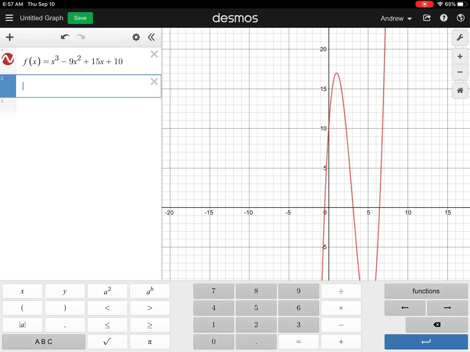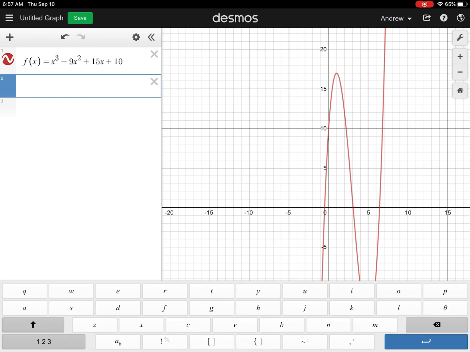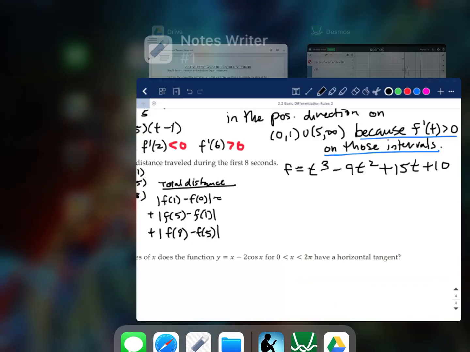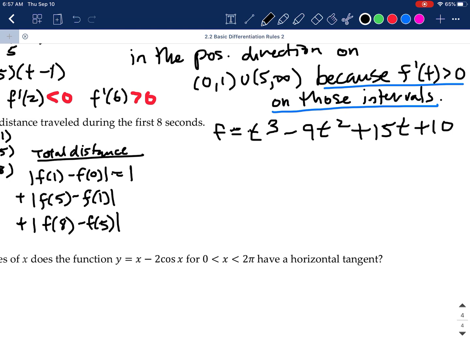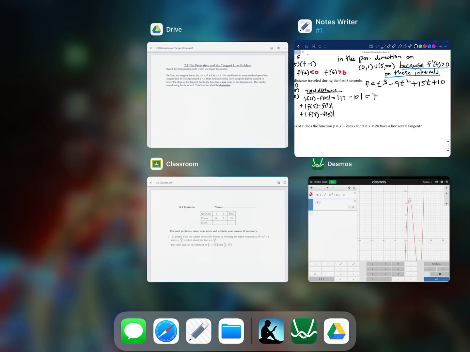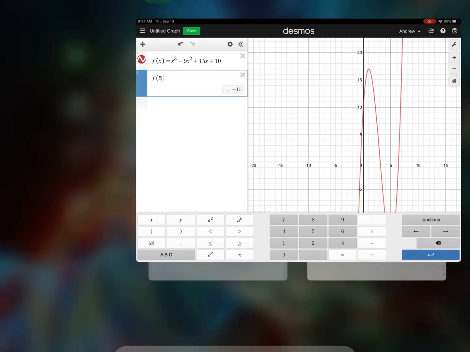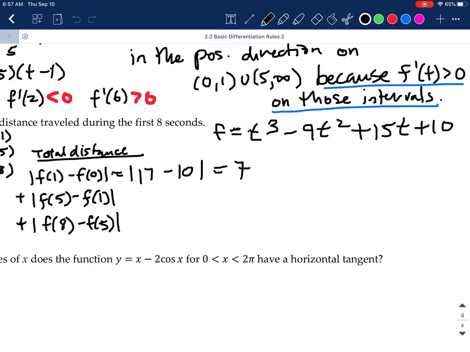So we'll want f of 1, which is 17. Okay, so that's going to be 17 minus 10, which is 7. f of 5 is negative 15. So negative 15 minus 17, which is equal to 32.